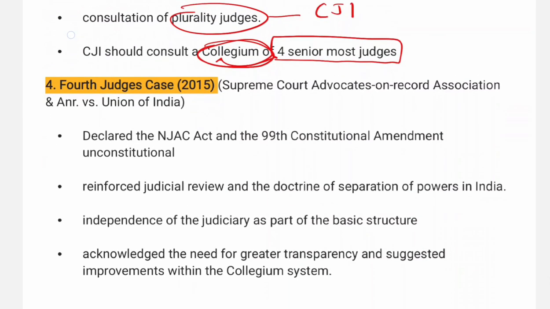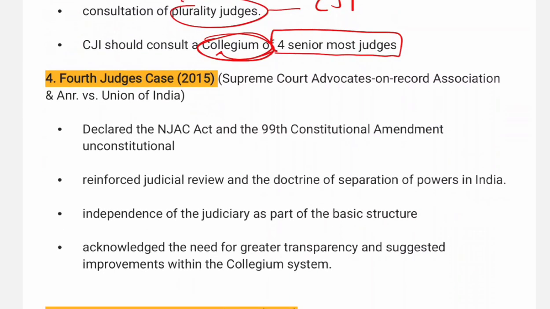However, there was a lot of criticism of the collegium system, especially due to the lack of transparency in the system. To resolve that, the Parliament brought the 99th Constitutional Amendment Act and the NJAC Act. However, this 99th Constitutional Amendment Act was challenged in the 4th judges case of 2015.